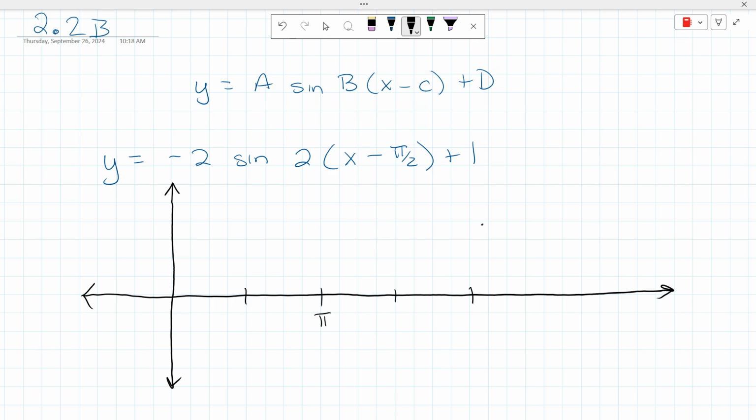Now, since I have nothing but 2's involved, I decided to go to 8 to get to pi. You could have gone to 4 to get to pi. Either way is fine. But you want to give yourself a little bit of room. You don't want to go 2 to get to pi because then it's too squished.